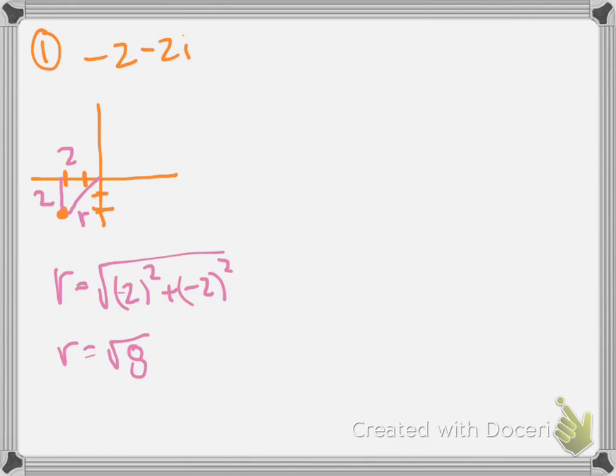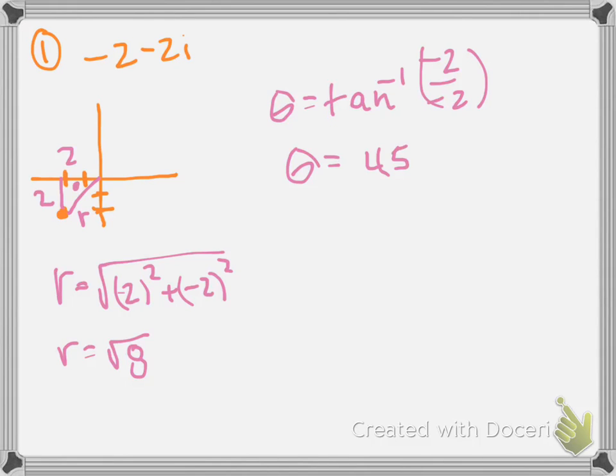And then to find my theta that's right there, I'm going to go ahead and use the tangent. So if I use the inverse tangent of -2 over -2, I think I get theta is 45 degrees.